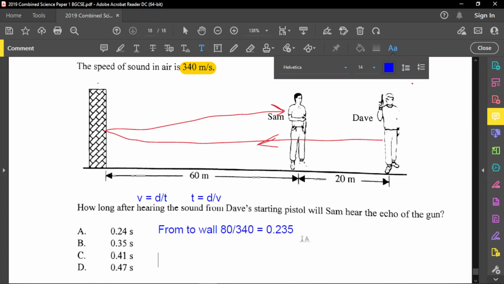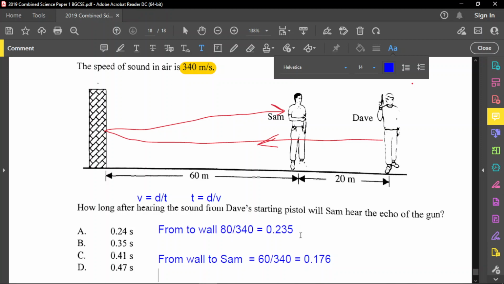Now we need to find the time for the next line, from the wall to Sam. Sam is 60 meters from the wall, so it's 60 divided by 340, which gives us 0.176.